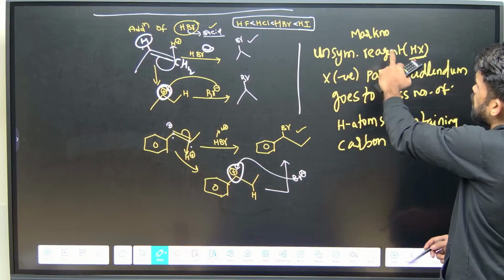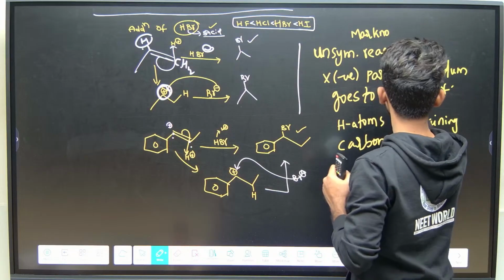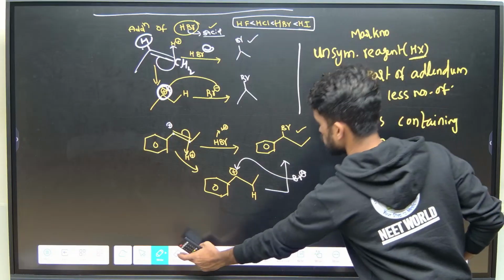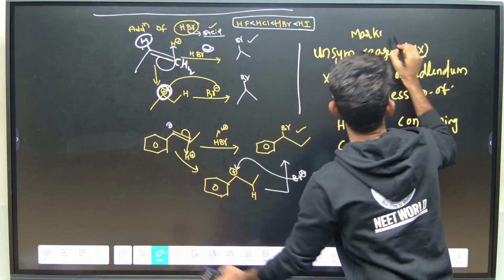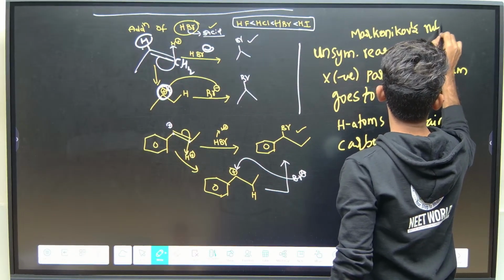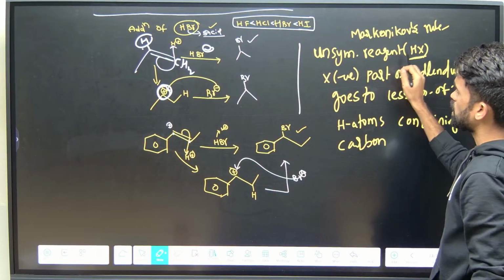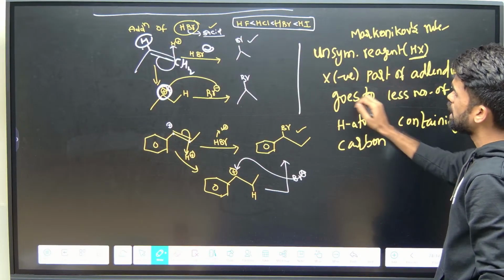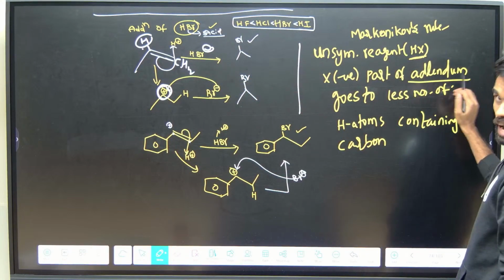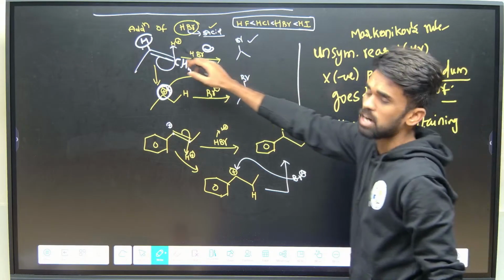So this is Markovnikov's rule. It says that whenever we are adding an unsymmetrical reagent, the negative part of this unsymmetrical reagent, the addendum, goes to the carbon containing fewer hydrogens.